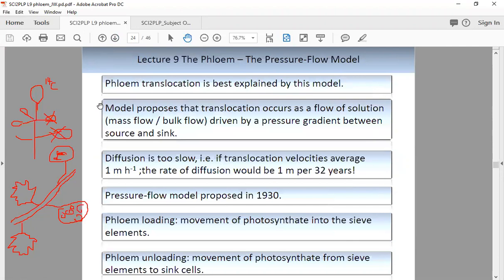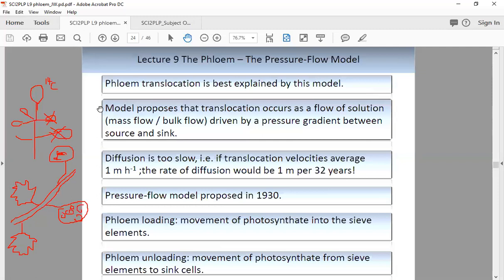This model proposes that translocation occurs as a flow of solution by mass flow or bulk flow, and this is driven by differences in pressure. So a pressure gradient that exists between the source and a particular sink.